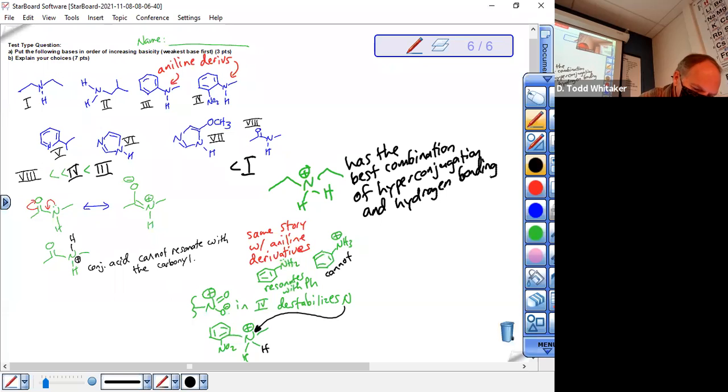Remember, pKa reactions are done in an aqueous environment. So if you can stabilize a cation by hydrogen bonding, that's another way to help the reaction proceed. So I like 1 a little better than 2 for that reason. This is your 1 versus 2 explanation.